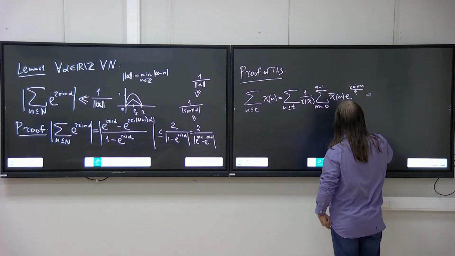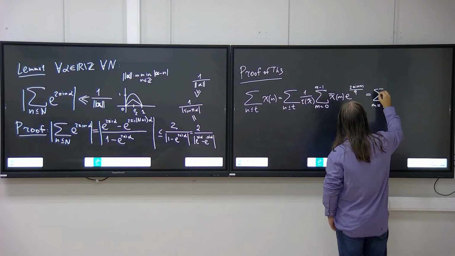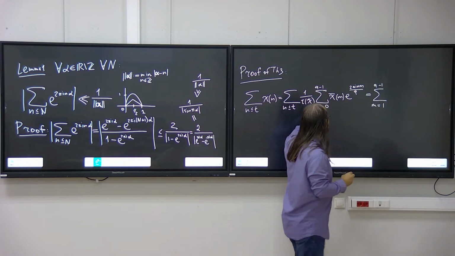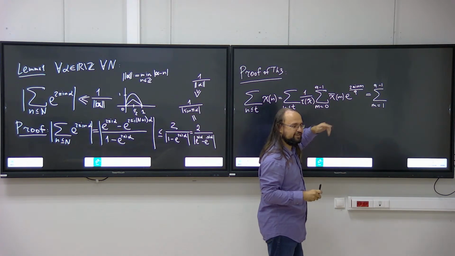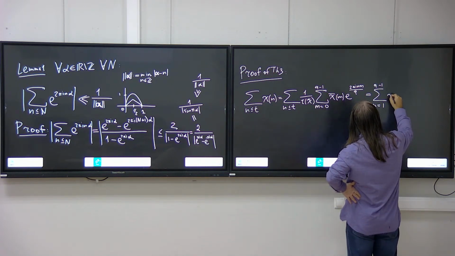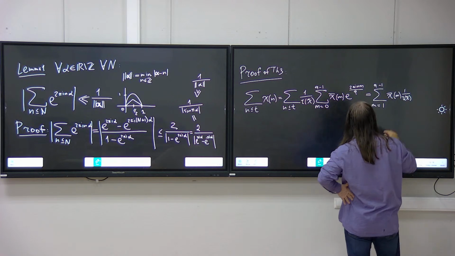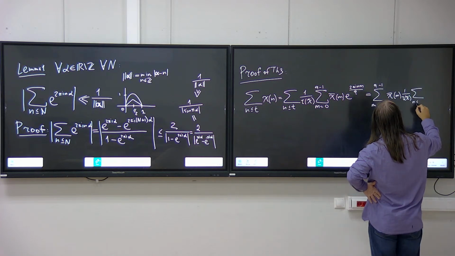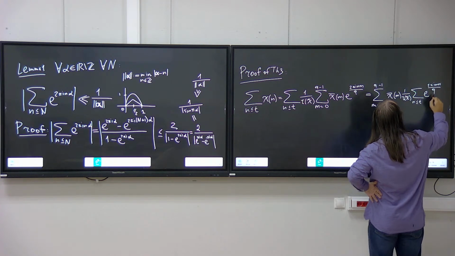So this is equal to the sum over all m now from 1 to q minus 1, because the term with m equals 0 does not appear here. So we get chi bar of m multiplied by 1 over tau of chi bar, times the sum over all n less than or equal to t of e to the power 2 pi i m n over q.